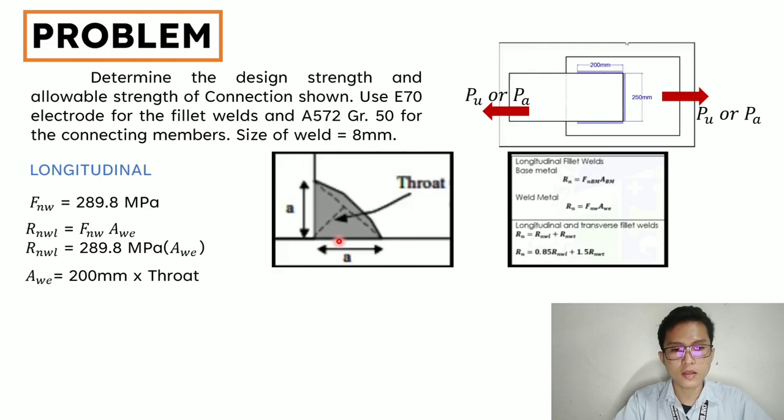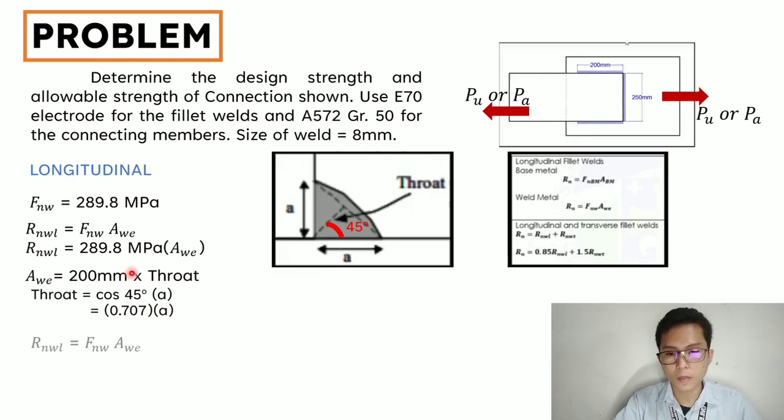So the throat, which is 45 degrees, can be solved using this equation. So the throat is equal to cosine 45 degrees multiplied by A. And cosine 45 degrees is equal to 0.707. Now we have 0.707A, and we can now substitute it in the equation. So R sub NWL is equal to F sub NW multiplied by A sub WE.